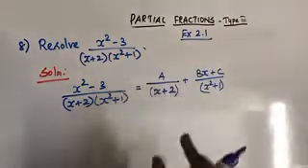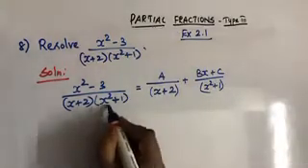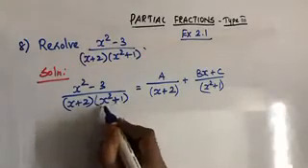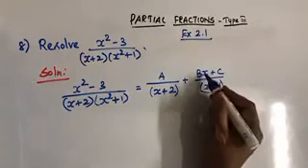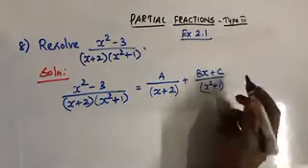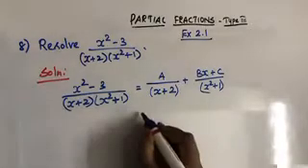The first one is a linear factor, we couldn't factorize it anymore, so a divided by x plus 2. But this one, x square plus 1, we couldn't factorize. So, instead of writing b, we are writing a linear factor, bx plus c. Now it's our usual method.